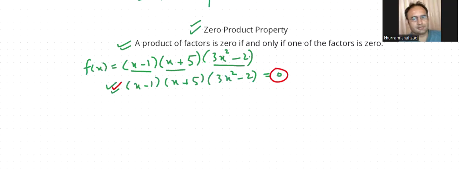Now, we don't know what this x minus 1 is because we don't know the value of x. So we cannot say whether x minus 1 is 0 or not. So we will write this equals 0, and then we will write or this can also be equal to 0, because we don't know what x is. So x plus 5 is equal to 0, or 3x square minus 2 is equal to 0.